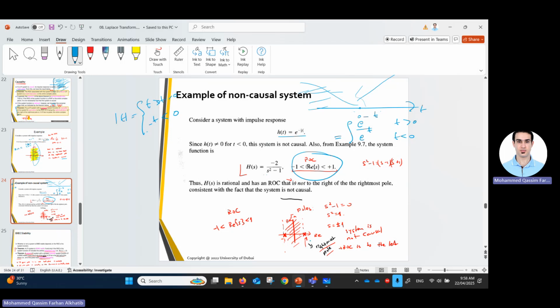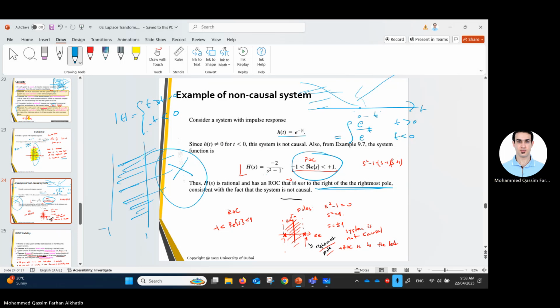Does it go on the whole right side? The whole right plane. Like in this one here, I stopped at 1, and this is -1. So this is my region of convergence. This one is not covered, so in this case, it's not causal. So here, thus, H of s is rational and has a region of convergence that's not to the right of the rightmost pole.